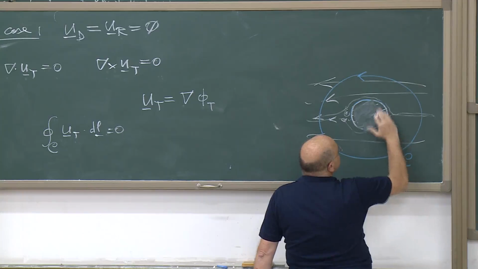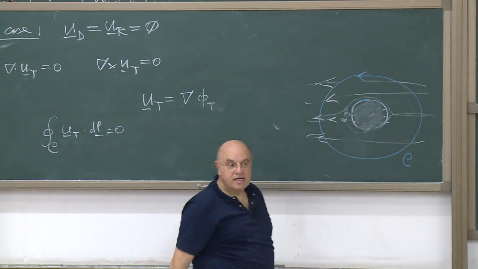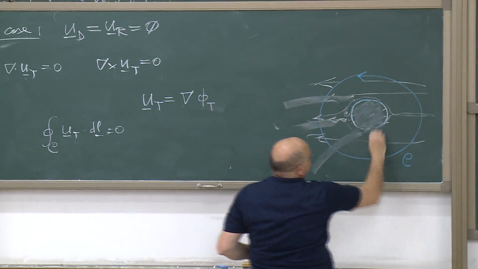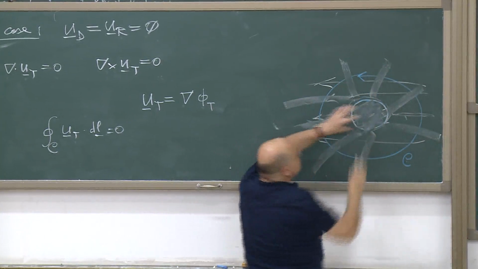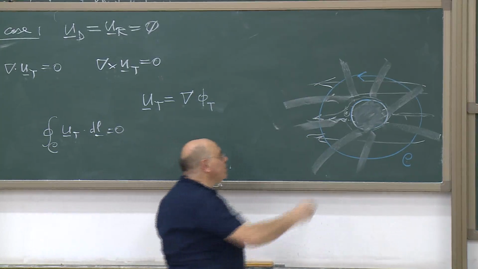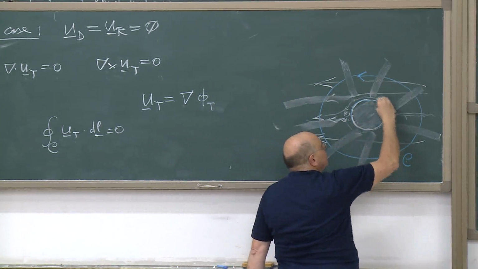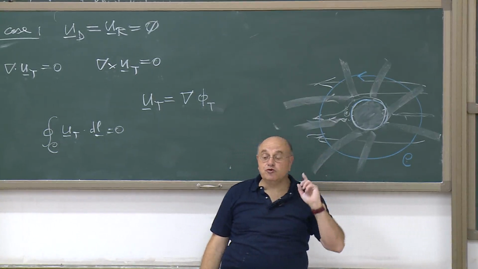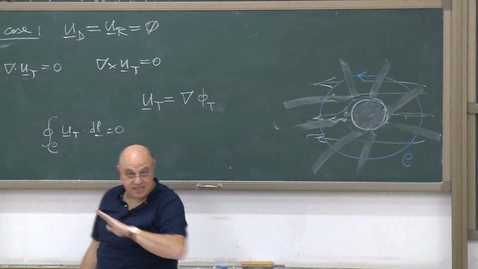This is a hole. This is a hole, and this is full of material, fluid everywhere. And this is a hole. And suppose this hole is made so that no fluid can go inside or outside, because u_D is 0.